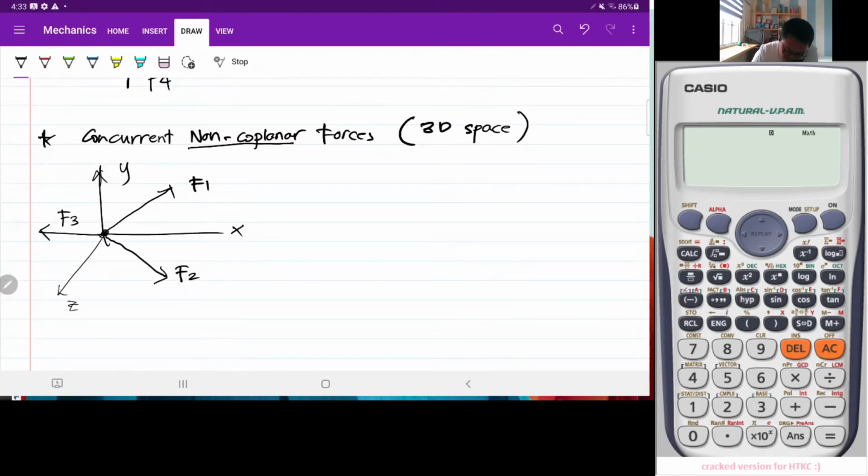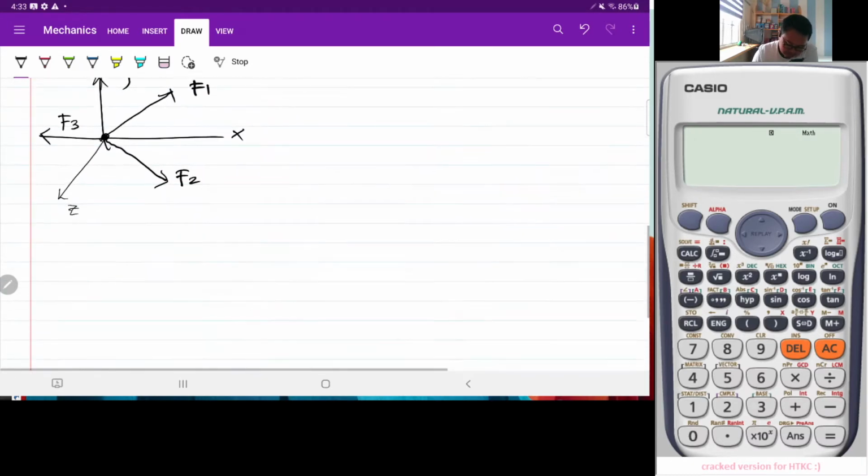Concurrent because they originate at the origin. But since the forces are not acting on the same plane, because as I've said it's already 3D, these are non-coplanar forces. Okay, I hope it's understood. So that's it.